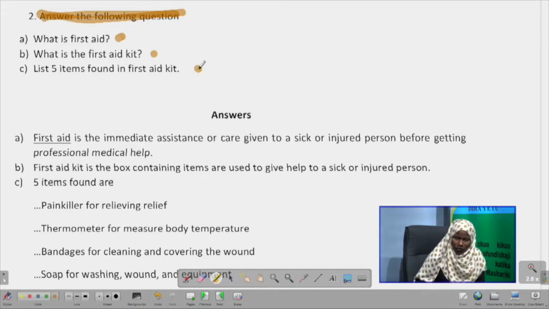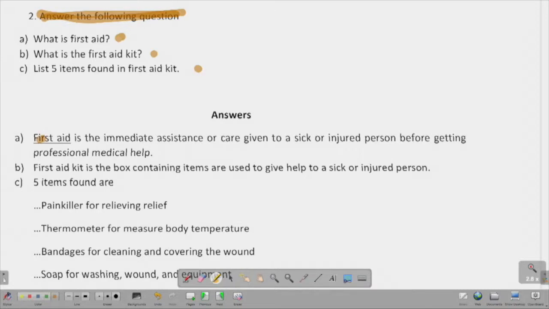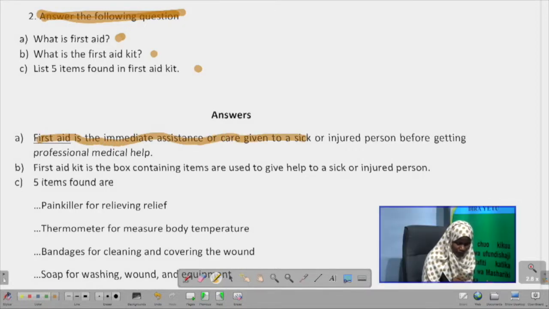Right. So maybe you meet someone who has met with an accident. Before you take him to the hospital, you have to give him first aid. So let's answer the first question, which says, what is first aid? It says here, first aid is the immediate assistance or care given to a sick or injured person before getting professional medical help.